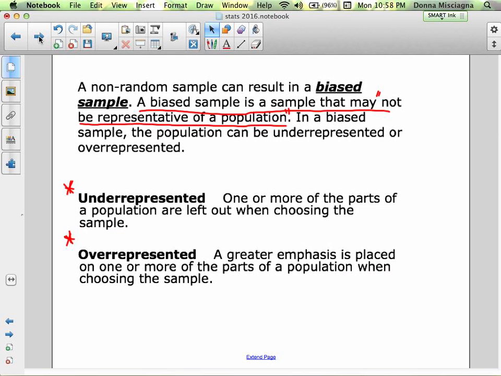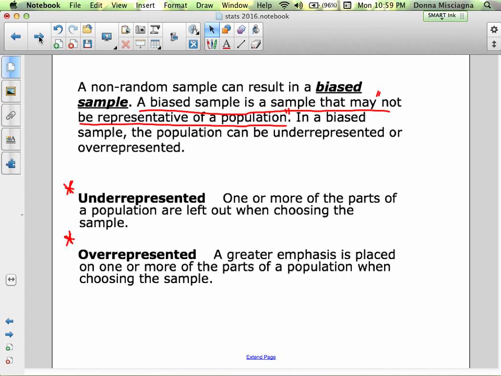A non-random sample can result in a biased sample. So in your notes, fill in: a biased sample is a sample that may not be representative of a population. In a biased sample, the population can be underrepresented or overrepresented. An underrepresented population is when one or more of the parts of a population are left out when choosing the sample.